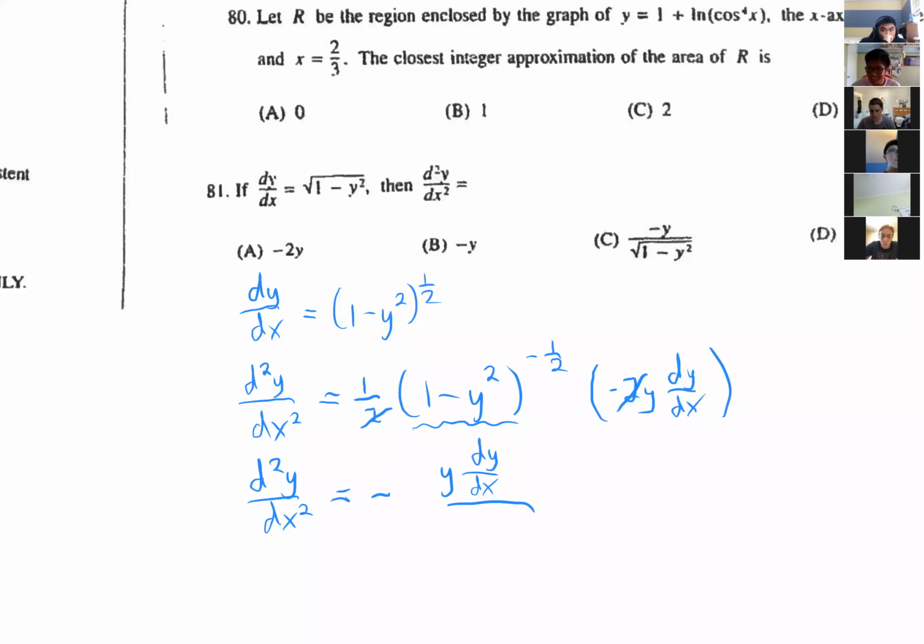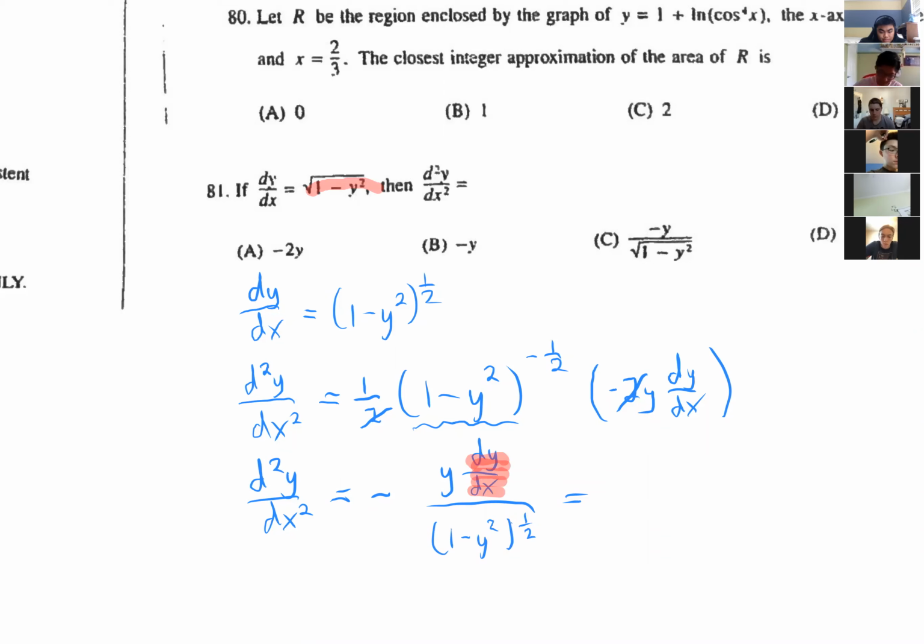On the bottom, it becomes (1 minus y squared) to the positive 1/2. Now what I can do here is I know what dy over dx is. It equals this, so I can substitute that in right here.